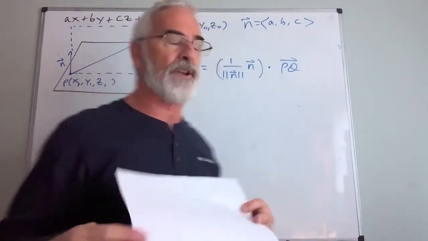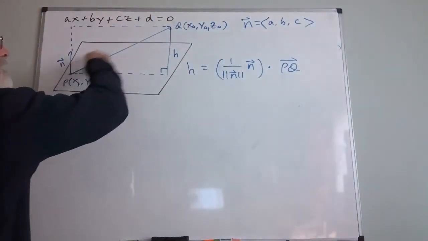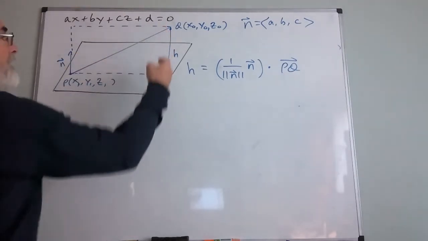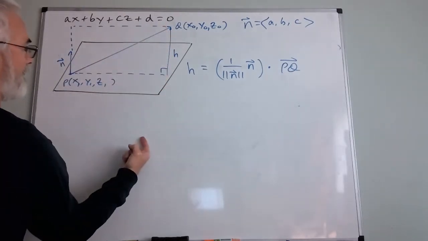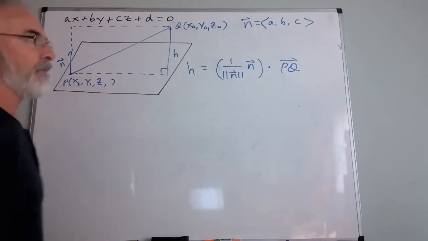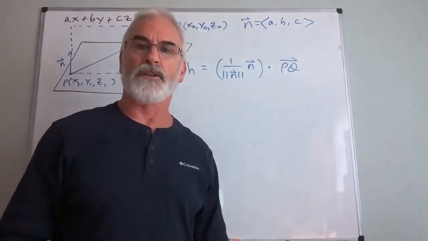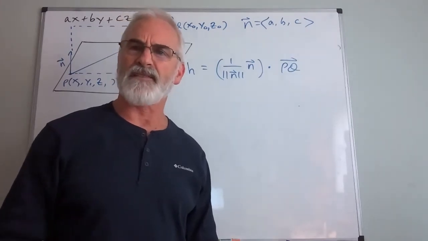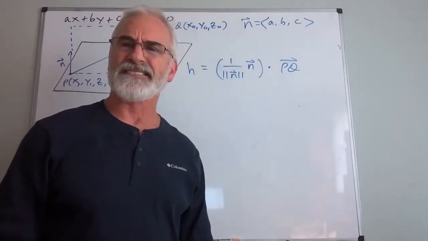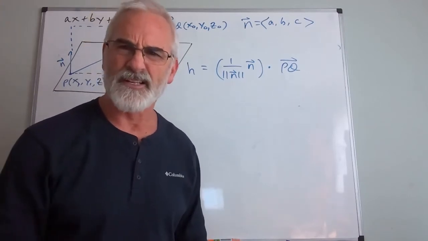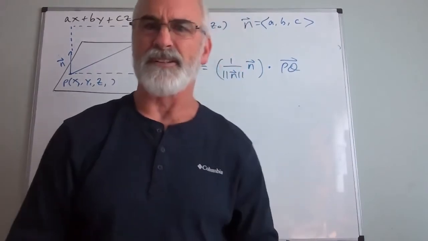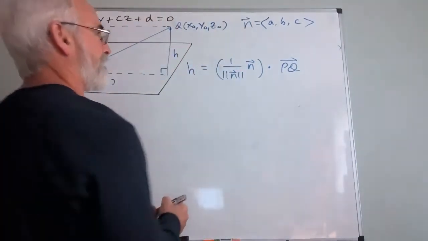So when I'm creating this situation here, and that's my normal vector, what if this point is on the other side of the plane? Then that means that I would have an obtuse angle. And if I had an obtuse angle, doesn't that make the dot product negative? Yeah, it's possible for the dot product to be negative. Darn. So how do I fix this?